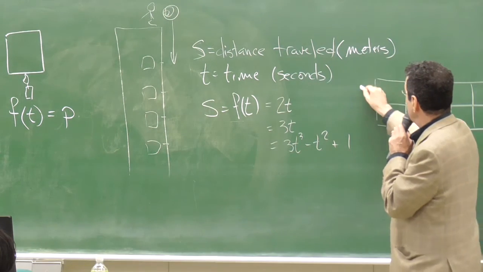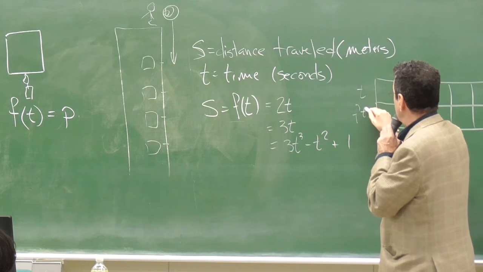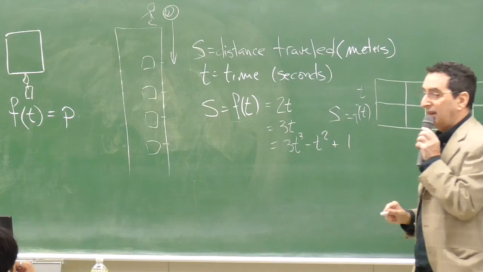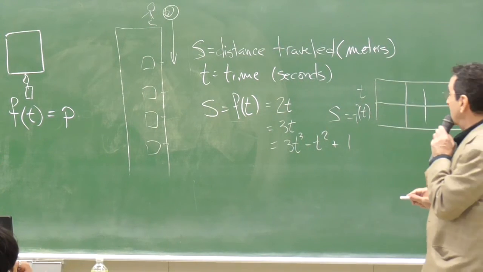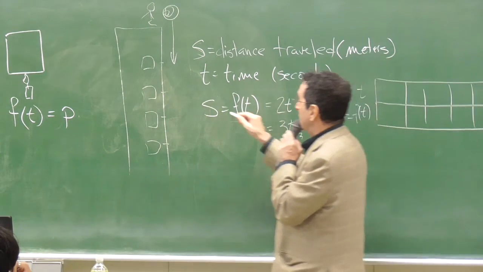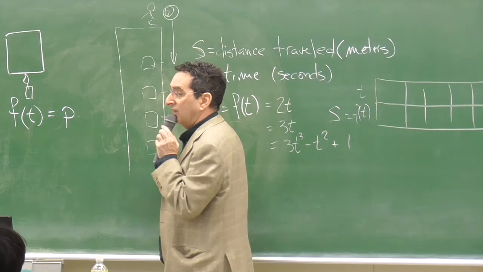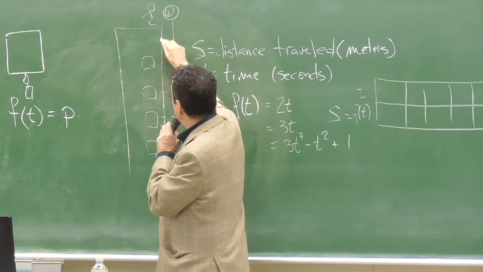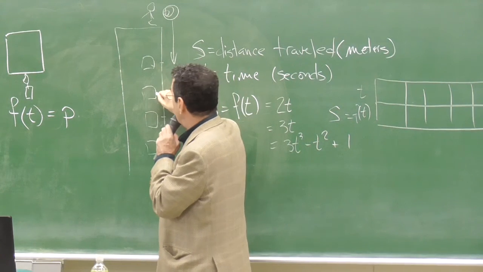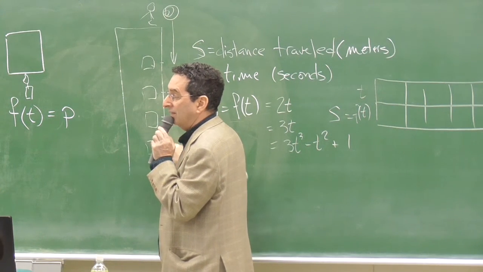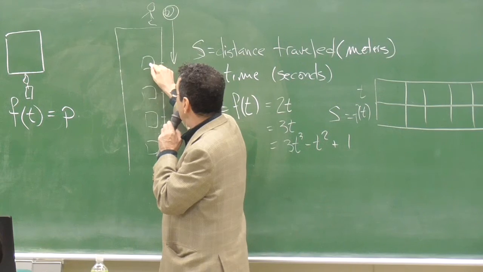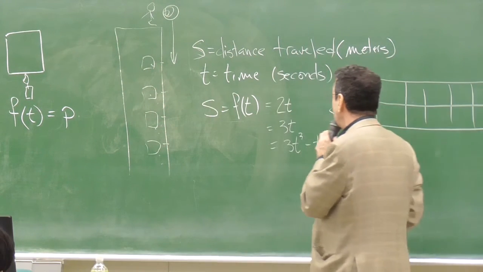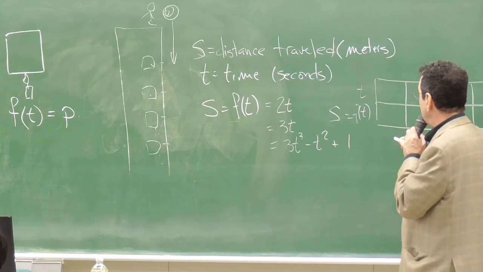So we'd say, this is t, and this is f of t, which is s, the distance. Each one of these is a certain distance. This is like 10 meters, and this is another 20 meters, 30 meters, 40, or maybe 50 and 100 and 150 and so on, whatever it is.